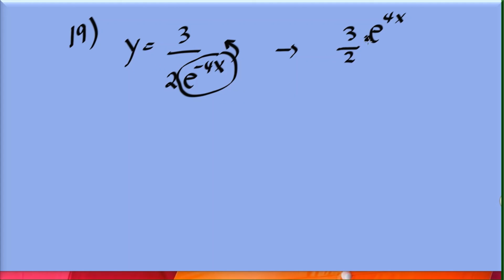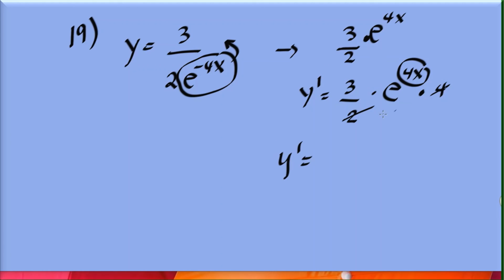So this is no longer a quotient rule question, but a chain rule. So we can go ahead and get the derivative right away. This is 3 over 2 times e to the 4x, then multiplied by the derivative of 4x, which is 4. So this 4 and 2 is reduced to 2 and 1. So 2 times 3 is 6.